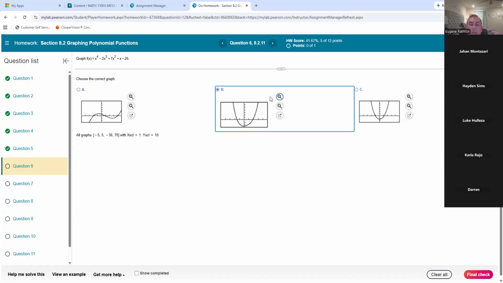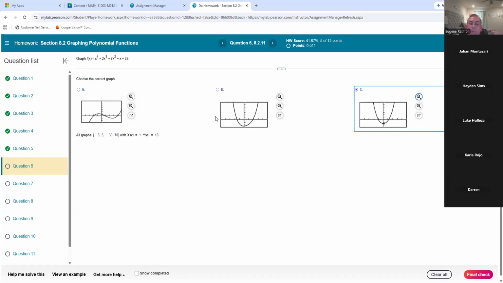B has both ends going up, and C has both ends going up. So I got to figure out which one I need. And y'all, I want to show you a trick. When you got a number at the end like this, minus 25, and that number doesn't have the variable, so this is just a minus 25 at the end, that negative 25 is your y-intercept.